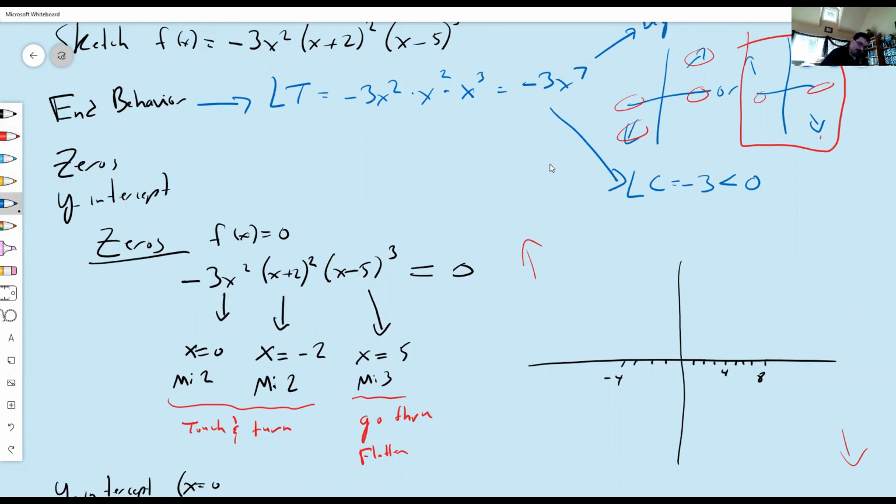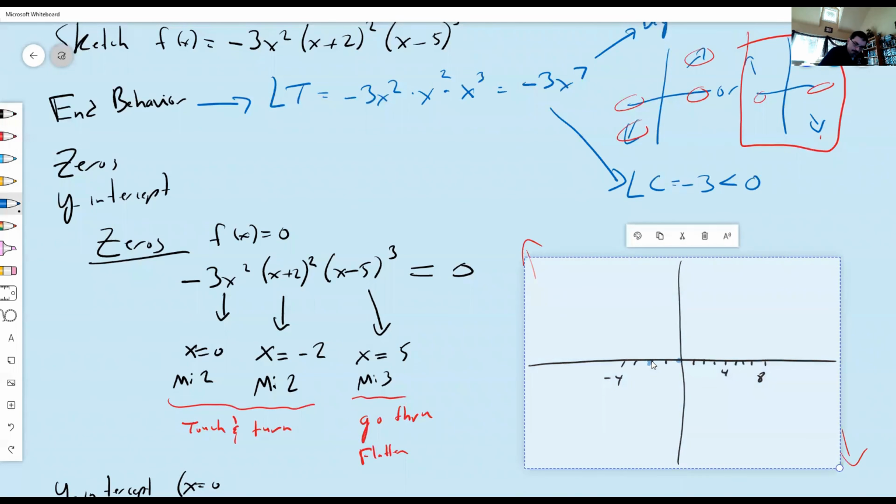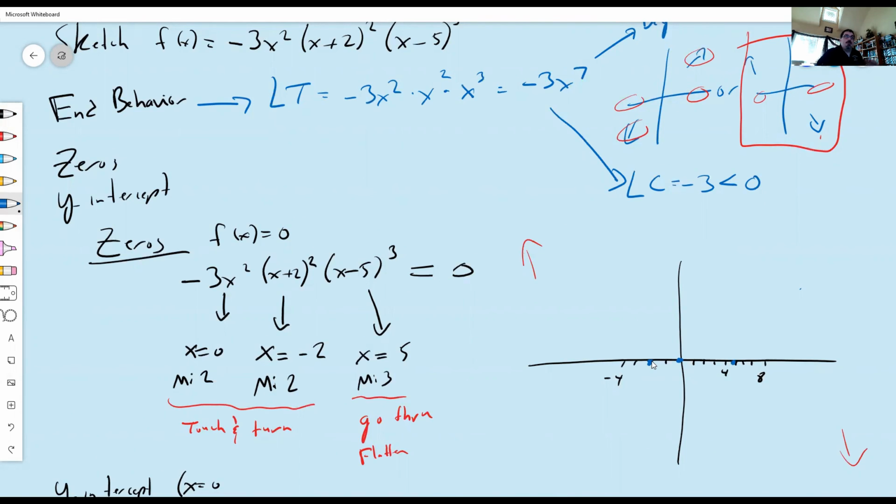Dropping our x-intercepts, we got 0, minus 2, and 5. So we're going up and left, which means from the side over here, we're going to go down toward my first 0. So we'll come down to minus 2.